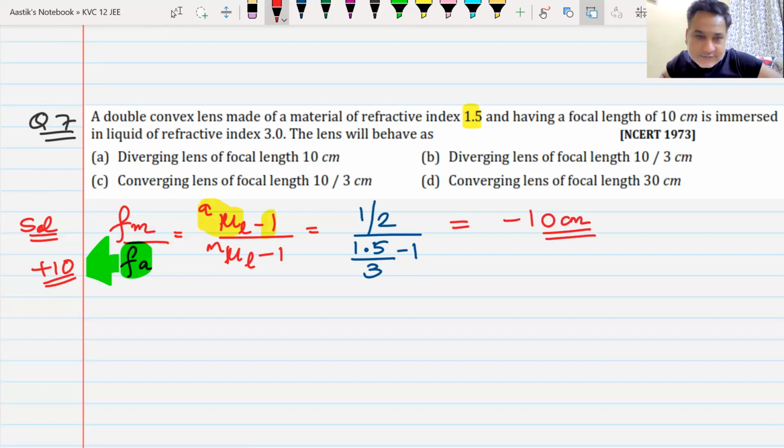Do we all understand this? Yes, sir. A convex lens of focal length plus 10 centimeter now behaves like a concave lens of the same focal length magnitude. And why has this happened? This has happened because it has been placed in a different medium whose refractive index was such that it changed the lens from convex into concave.